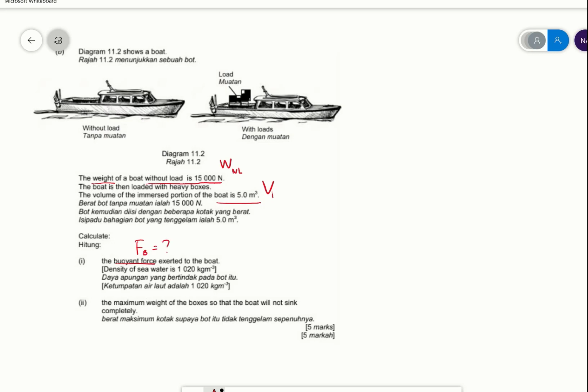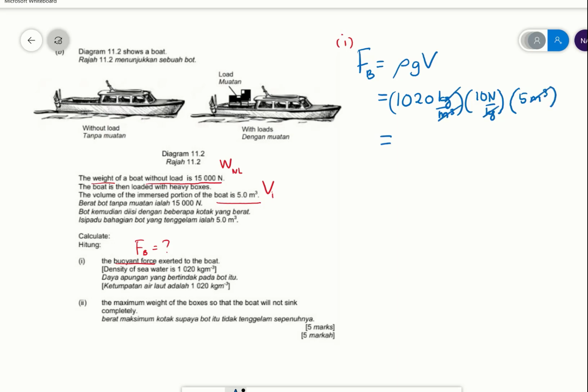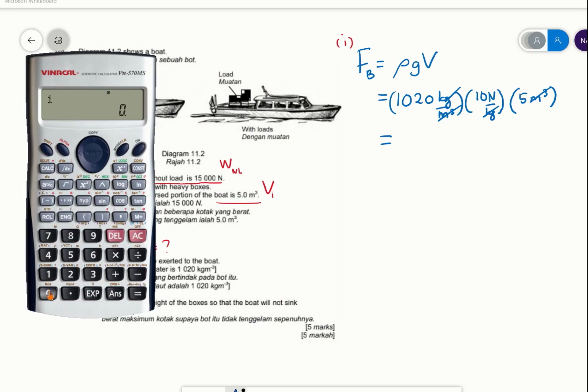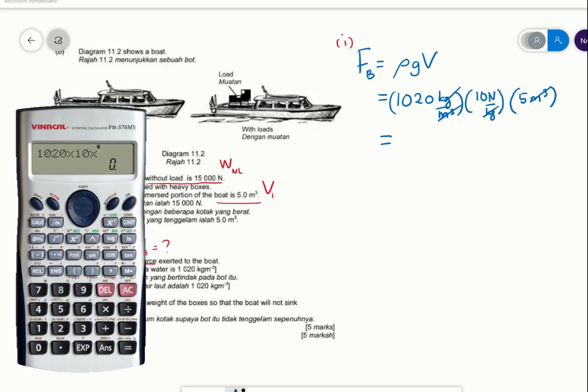So what's the buoyant force? We apply the same concept. Do we have any formula for buoyant force? That's right. Fb equals rho Vg, and we substitute the values. This is a straightforward question, we just substitute the values, and V as 5 meter cubed. Use a calculator, 1020 times 10 times 5.